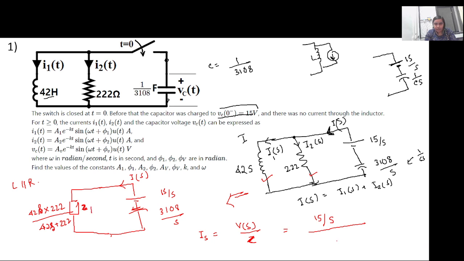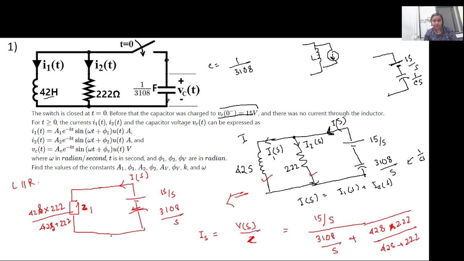So it will be the capacitor value 3108 by S plus this parallel combination, 42S into 222 by 42S plus 222. This much is clear to everyone?